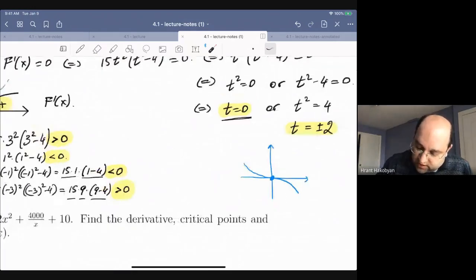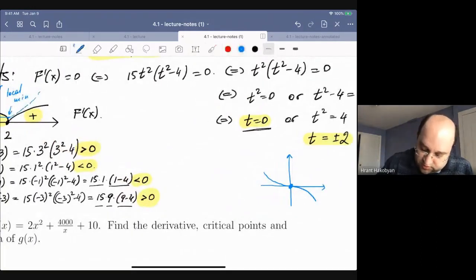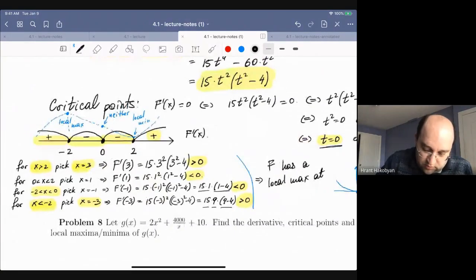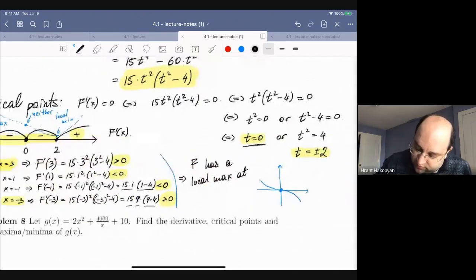So from this expression, I get that f has a local maximum at which point? At that point there, at x equals -2.